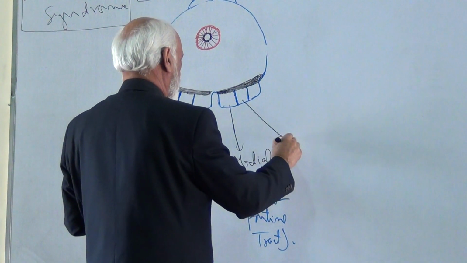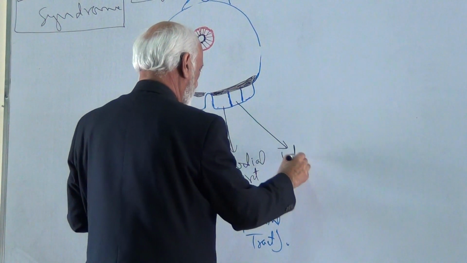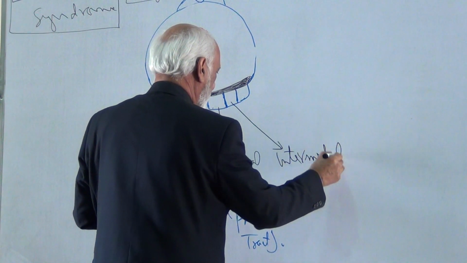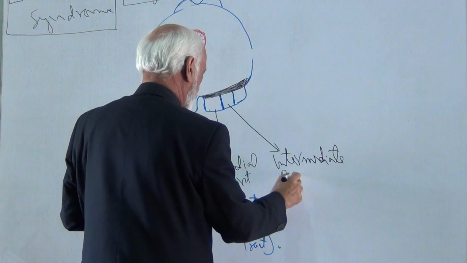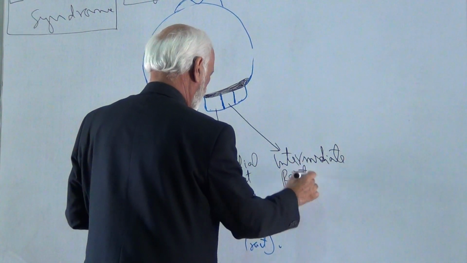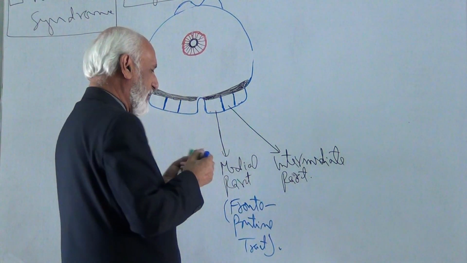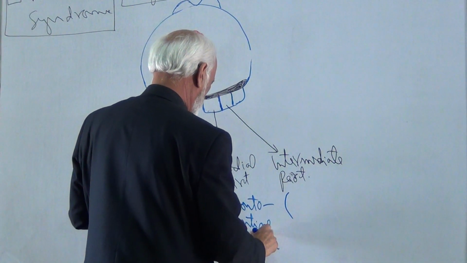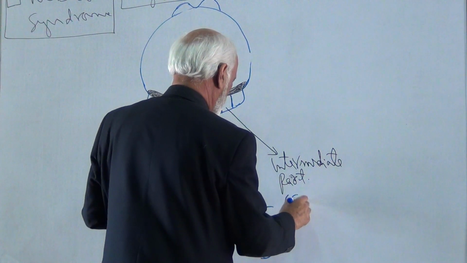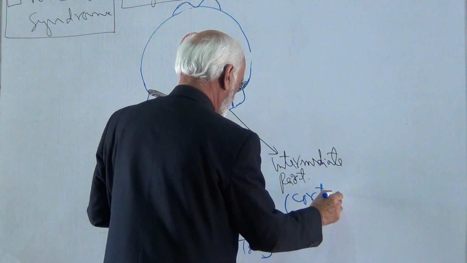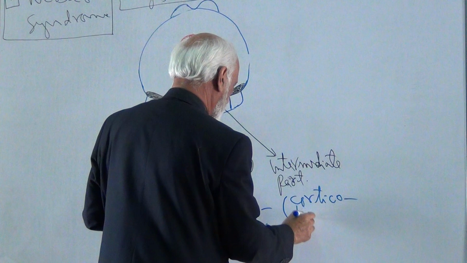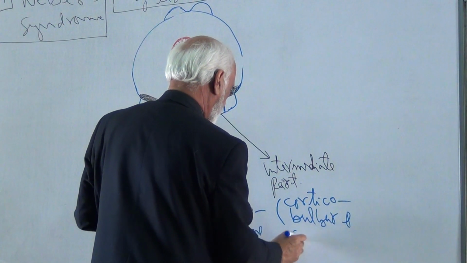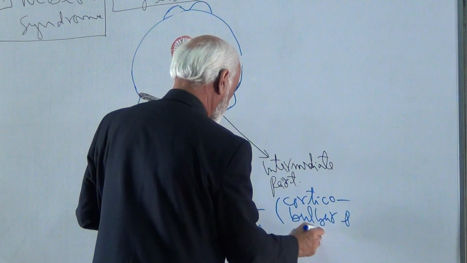Then the intermediate part of the crus cerebri is traversed by descending corticobulbar and corticospinal tracts.